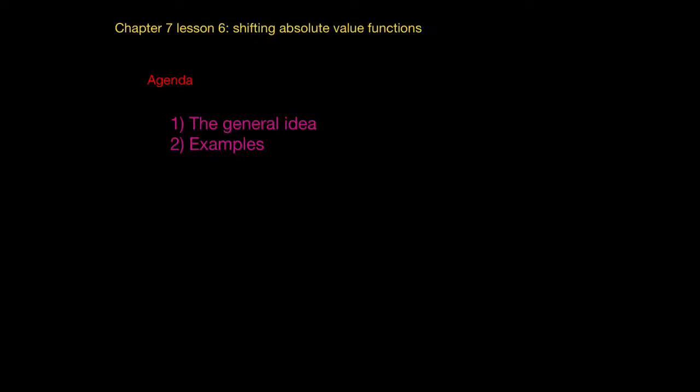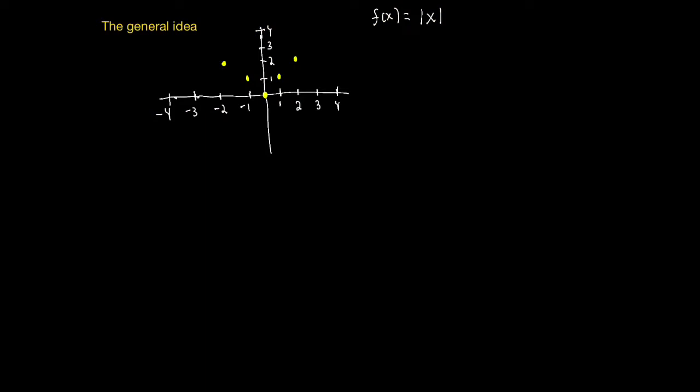Welcome back. Today we're going to begin talking about how absolute value functions shift, kind of like the examples you were seeing yesterday. So let's view the general idea and then let's check out some examples. The general idea basically relies on knowing what your parent function is.